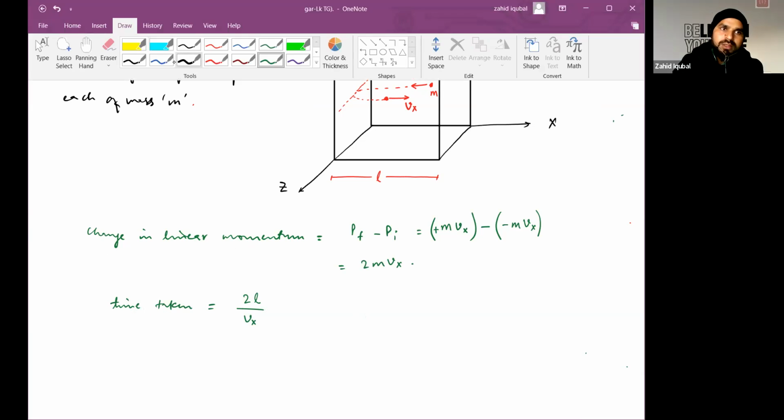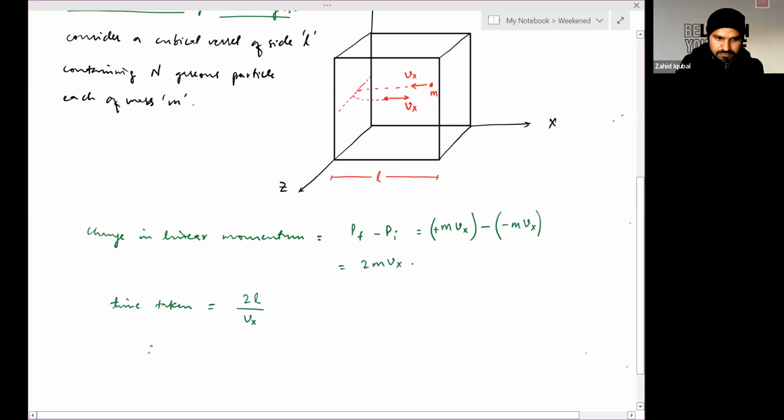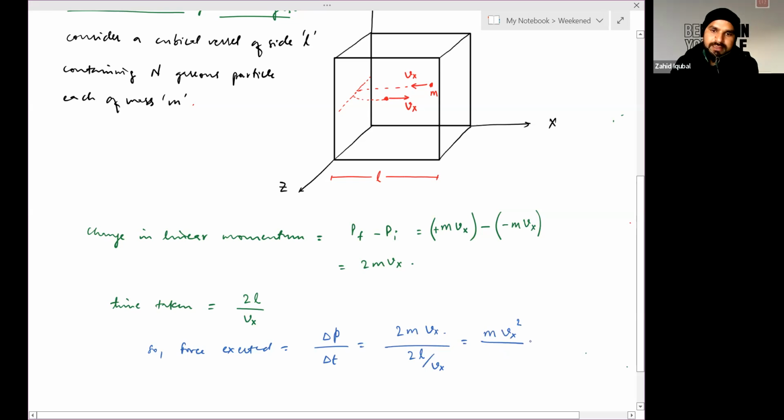According to the second law, force exerted equals change in linear momentum by time taken, which is 2mVx divided by 2L/Vx. So 2 and 2 cancel out, giving mVx squared divided by L.